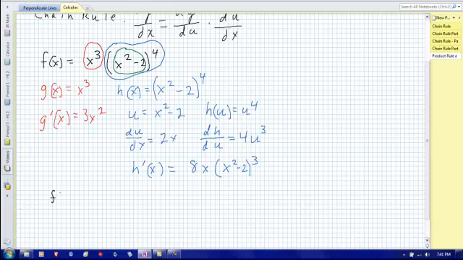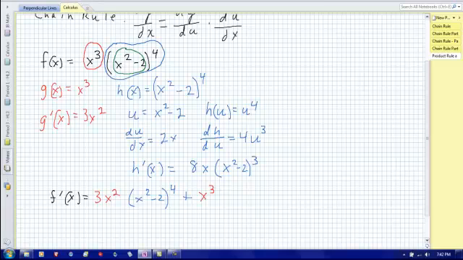So the derivative of f of x is equal to the derivative of the first function, the 3x squared, times the second function, the x squared minus 2 to the fourth, plus the original first function, which was just x cubed, times the derivative of the second function.